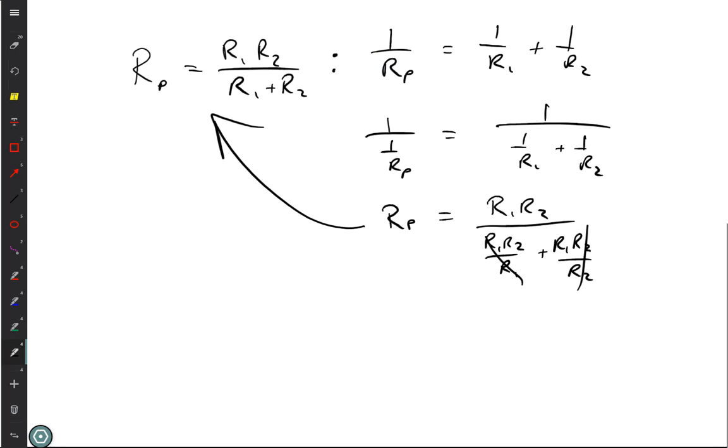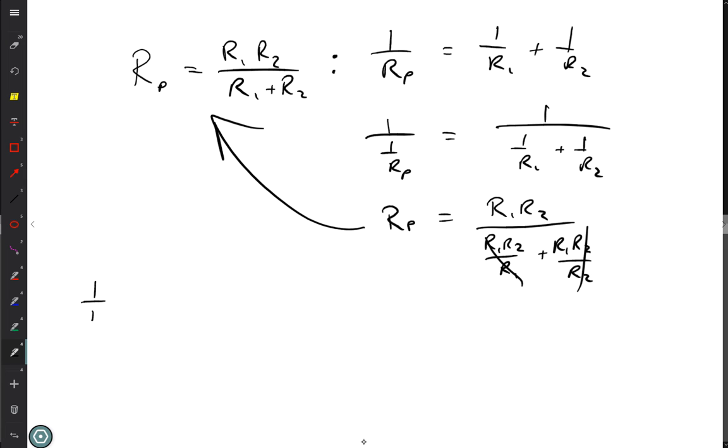But what if you had 3 resistors? If you do the same work, you're going to end up with RP equal to, you're going to have to multiply by R1 times R2 times R3.